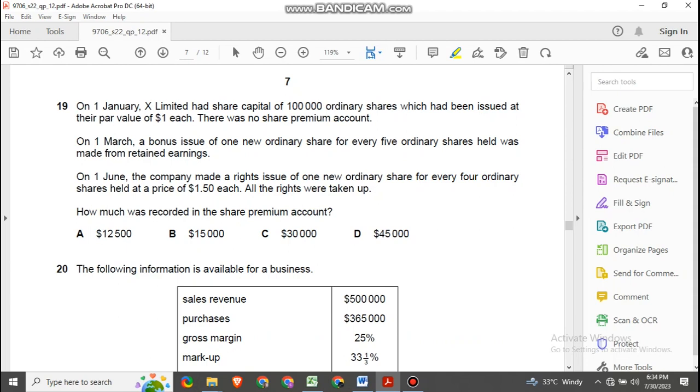So we can see here that we had 100,000 shares before, and then we make a bonus issue. The bonus issue is 1 share for every 5 already held, and then on 1st June we are giving a rights issue, this time 1 share for every 4 ordinary shares, and the price of the rights issue is 1.50. So 0.50 is our premium amount.